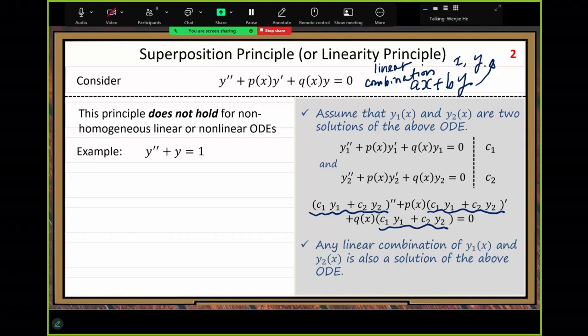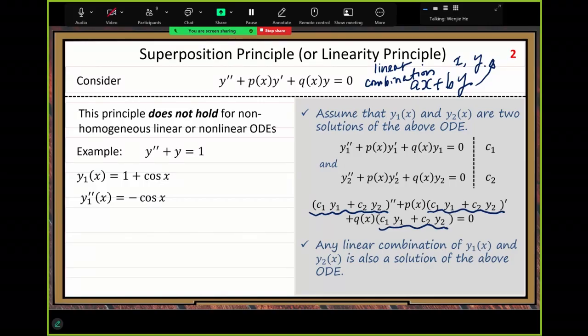Let's plug in y1, y2. Let's assume y1 is 1 plus cosine x. You can plug in and verify it: y1 satisfies the original equation. y2 is 1 minus cosine x. If you plug in, you get a second solution of the original equation.